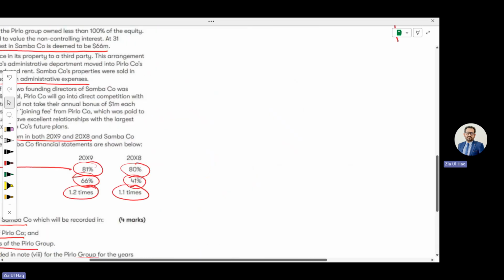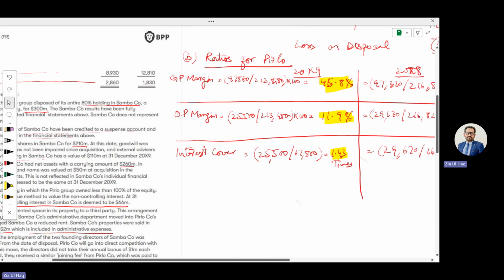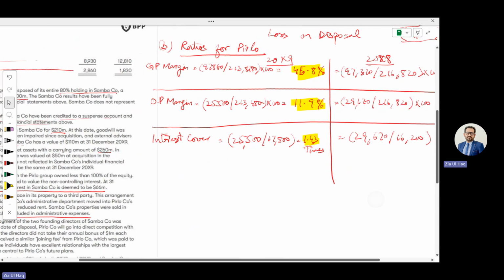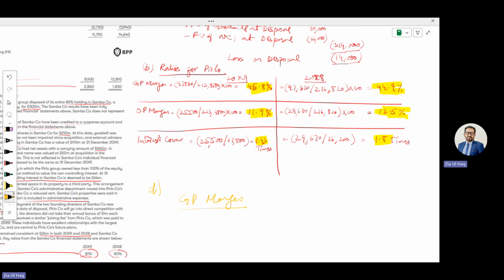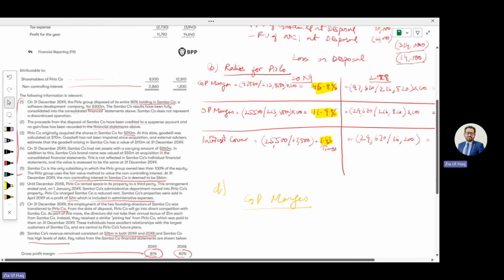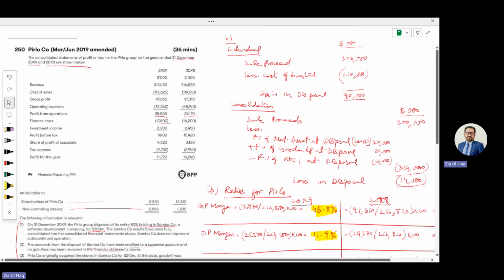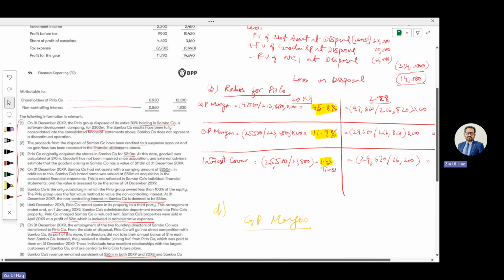Overall, regarding profitability comment, in part D, if we talk about the GP margin, that has improved overall from 44.9% to 45.8%. Despite company sales having declined, GP margin has improved slightly.